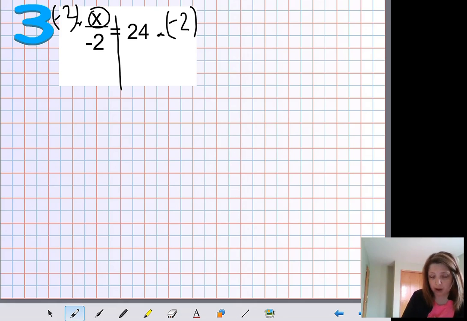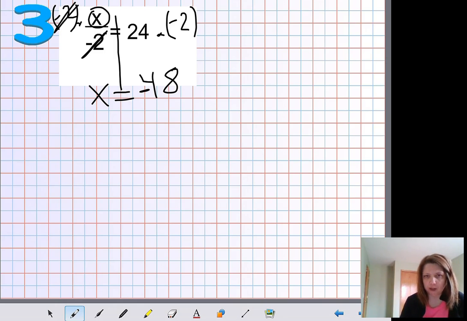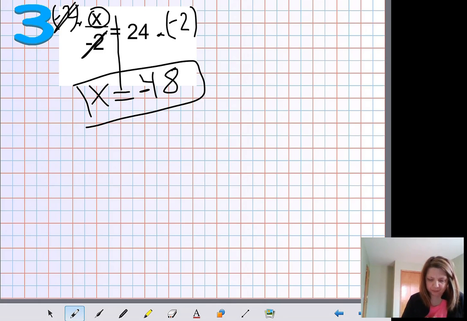When we do the opposite, we undo, we cancel those, right? We cancel those and we get only x itself equal to 24 times -2, which will be 48 with a negative sign, -48. Final answer for this problem.